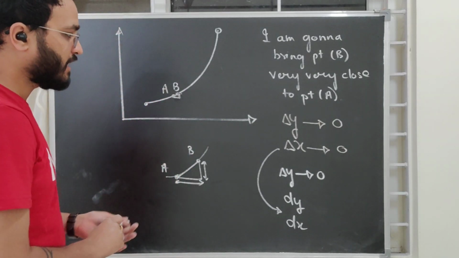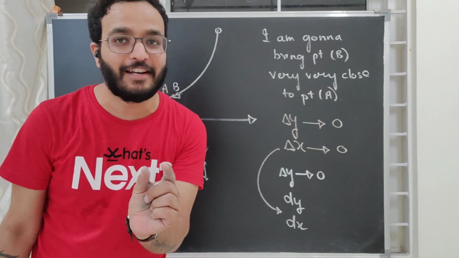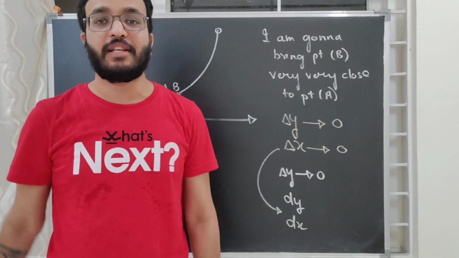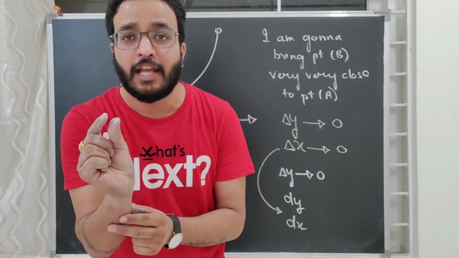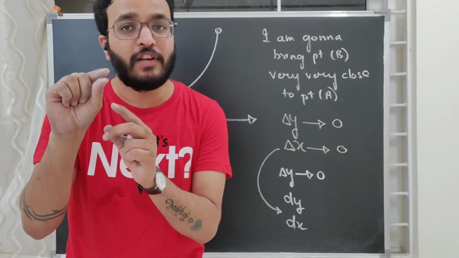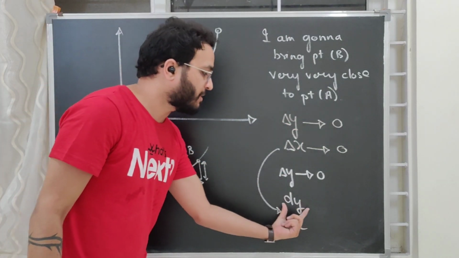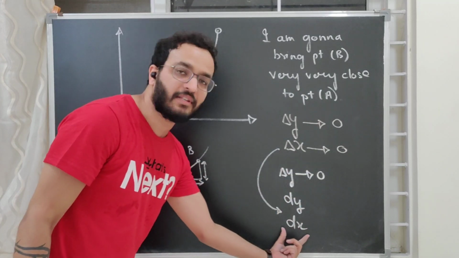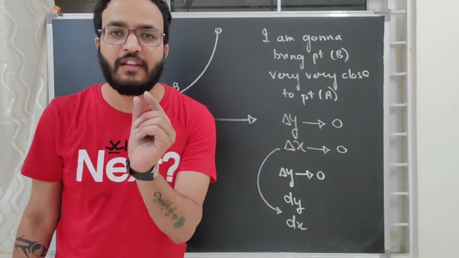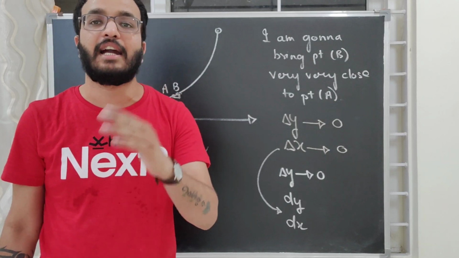Basically, delta y upon delta x can be expressed as dy by dx if delta x tends to a very small value. That means if the changes in the x and y coordinates are almost equal to 0, we refer to them not as delta y and delta x, but as dy and dx. So basically dy and dx are nothing but infinitesimally small changes in the value of y and in the value of x.